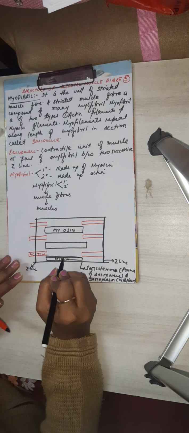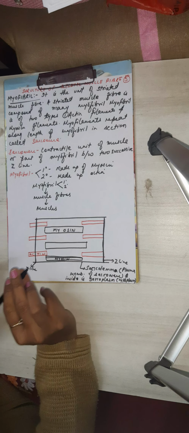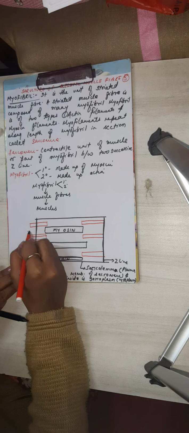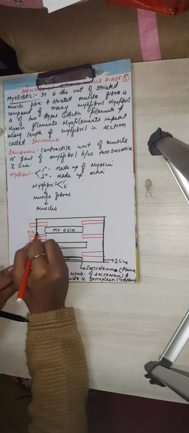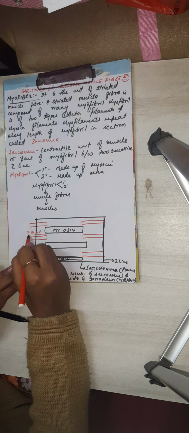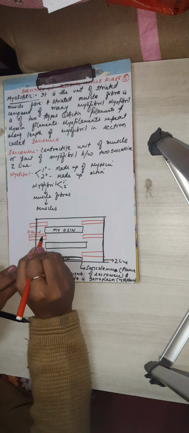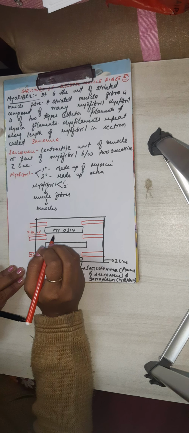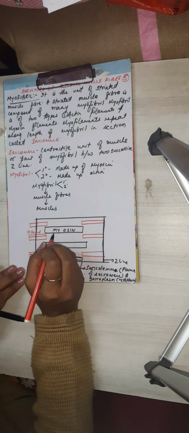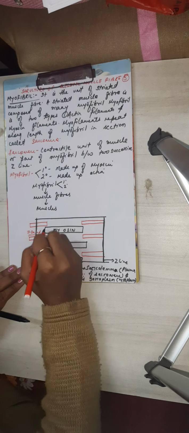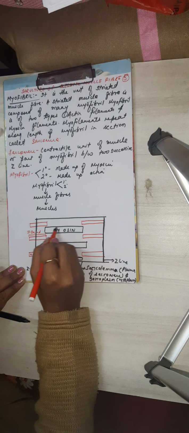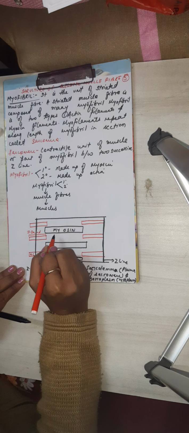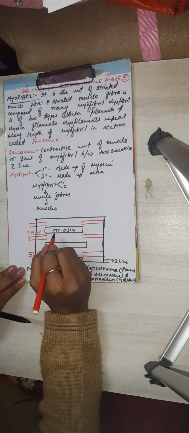It is myosin. Now, this is I band. This actin part is I band. And complete myosin is A band. ये पूरा myosin, this whole myosin, this complete myosin is A band.